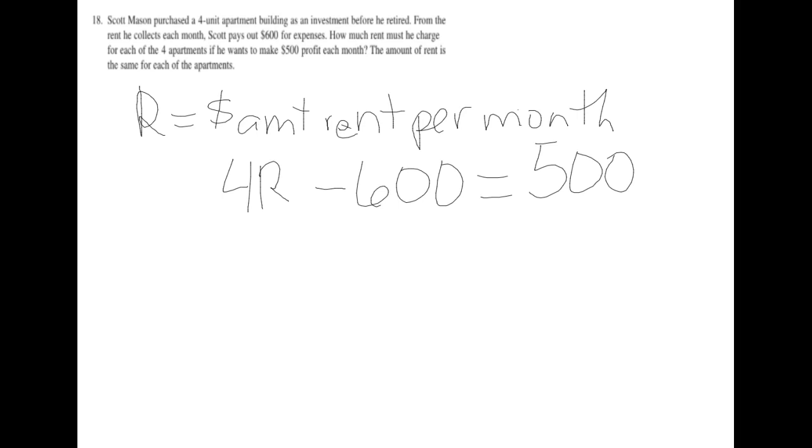Now to decide, it says how much rent must be charged. So we're trying to figure out the rent for each apartment. So that's why we wanted to do R. And then we just add 600 to each side.